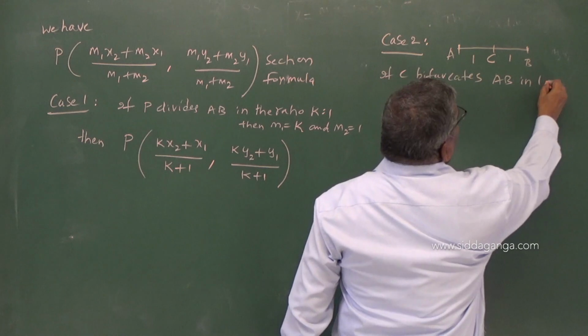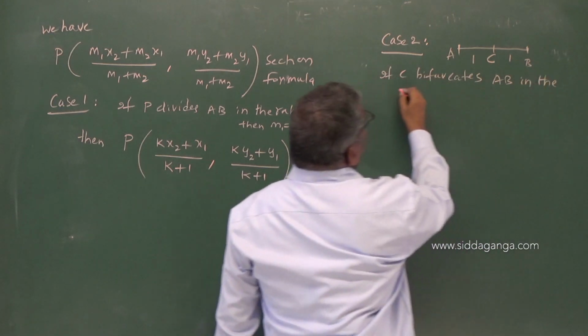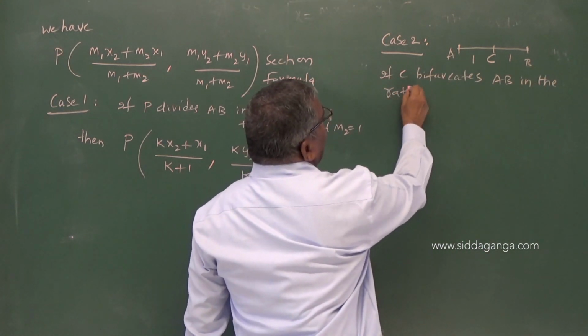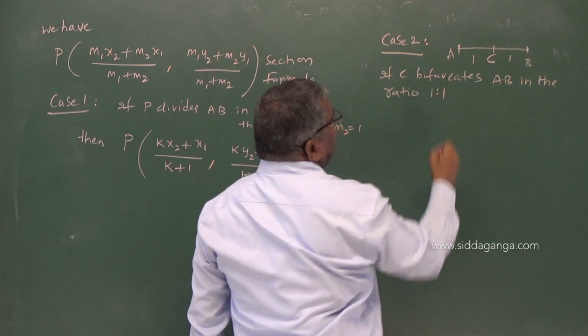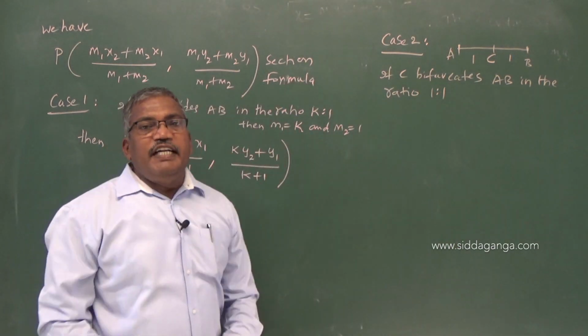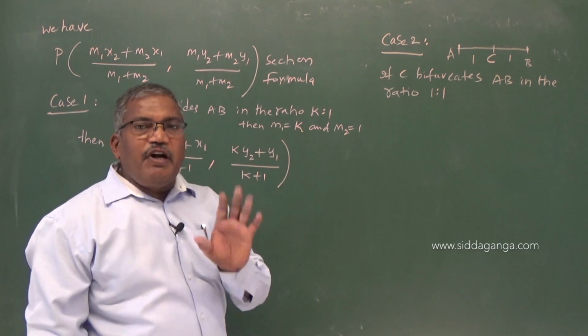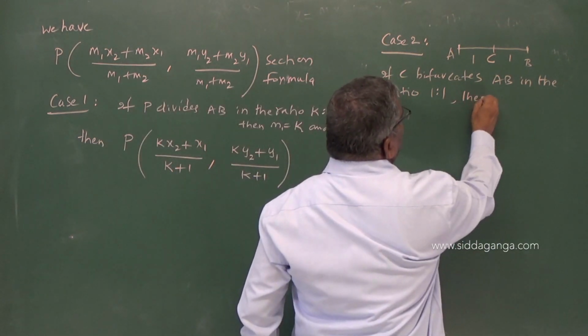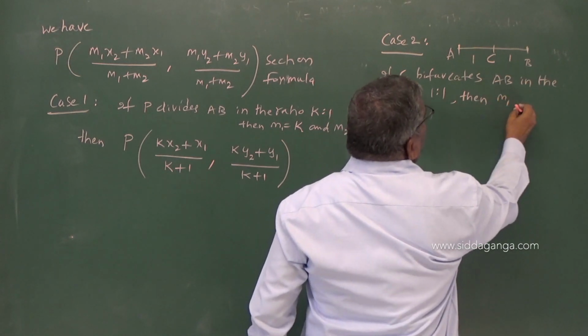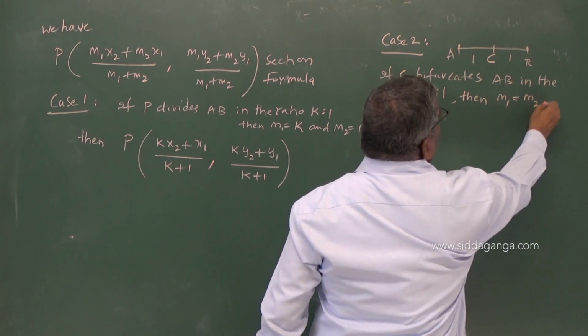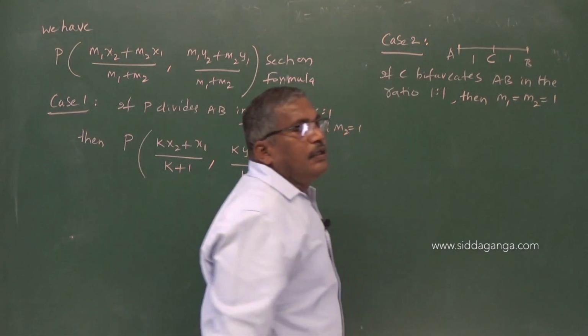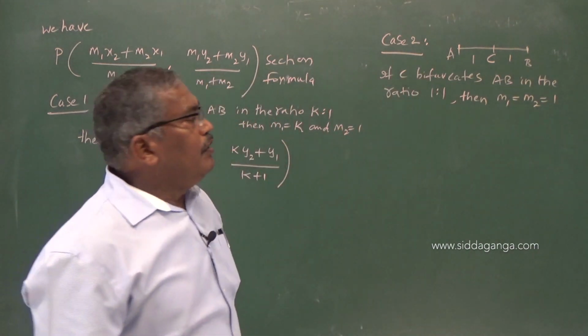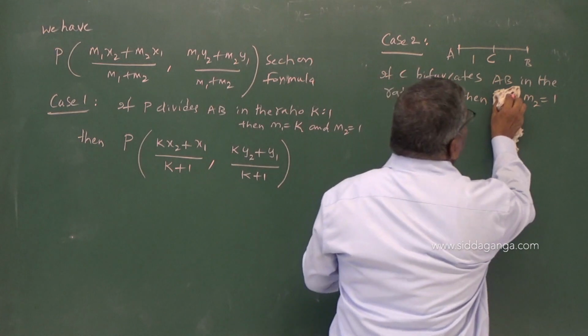That means when C is the midpoint of AB, then M1 equals M2 equals 1, or I will write M1 divided by M2 equals 1.